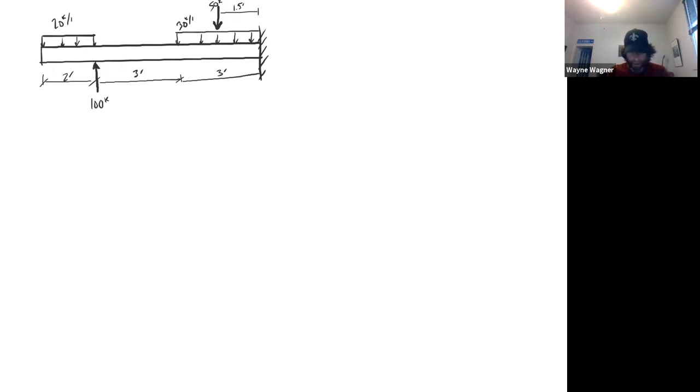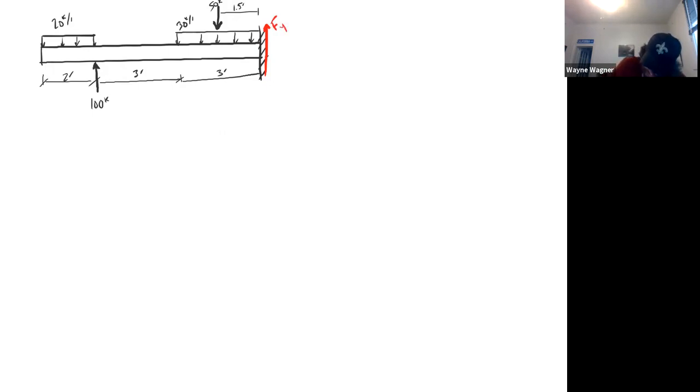So what we need here is to figure out what's going on. This particular beam, because it's attached to the wall, could have a force going upwards, which I imagine we will have. We could call that Fy.